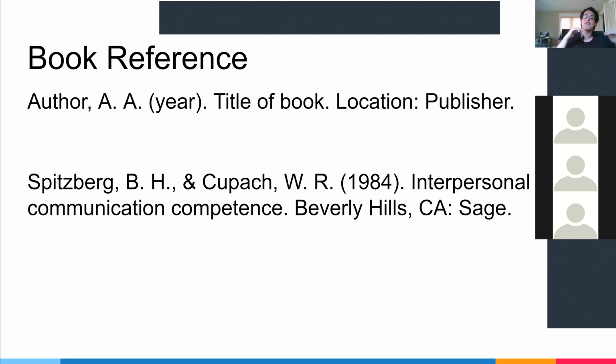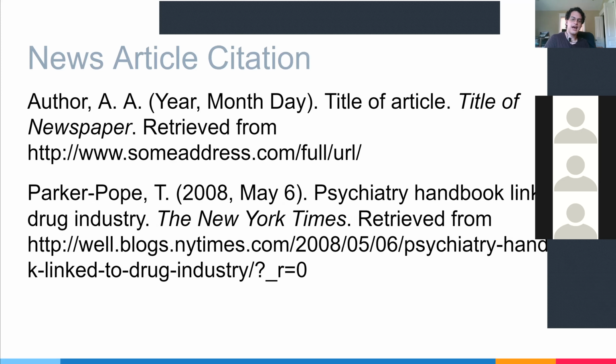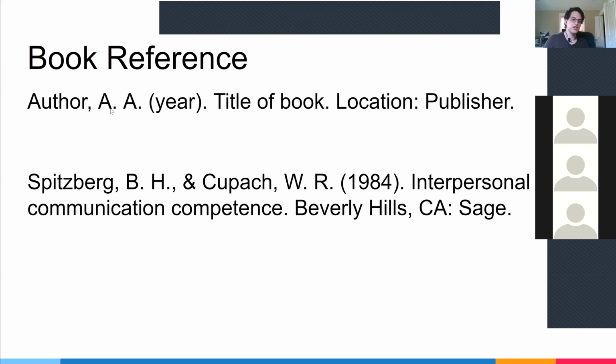The specific format for a reference changes based on the type of source. That means that you follow a different reference format if you're citing a book than, say, if you were citing a magazine article. How you would cite a book is you put the last name of the author, the first and middle initial, the year of publication, the title of the book, only capitalizing the first letter, and then the location of the publisher and the name of the publisher, okay?